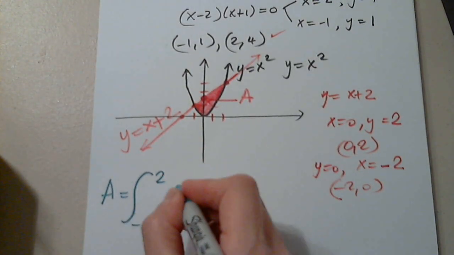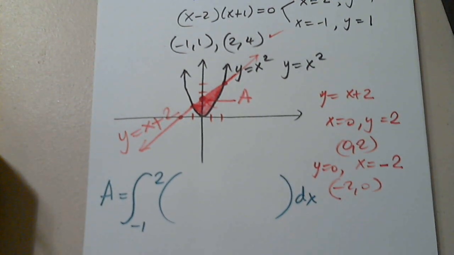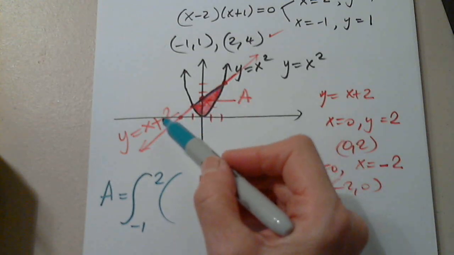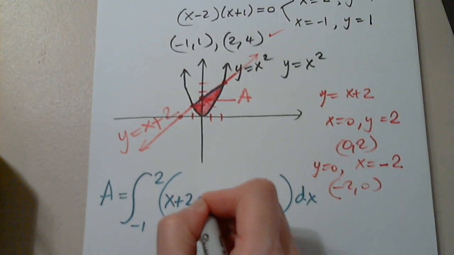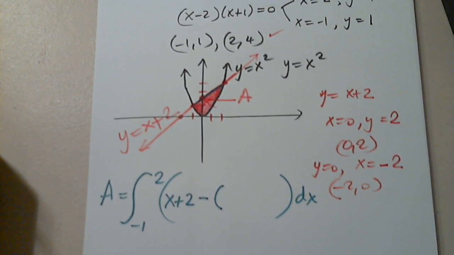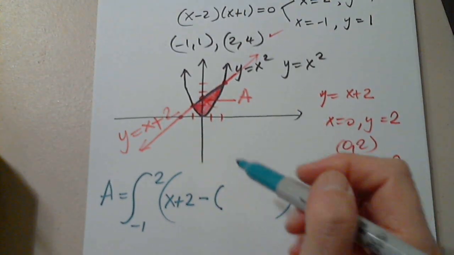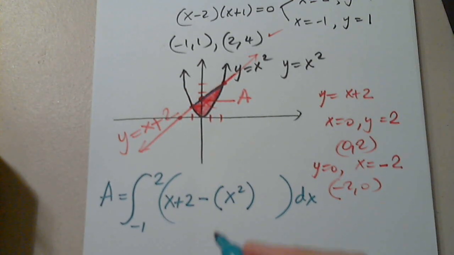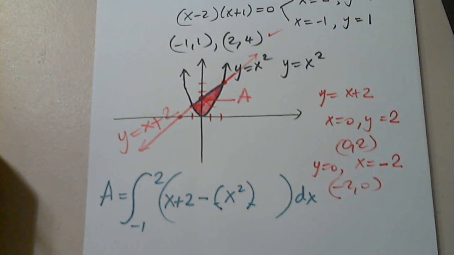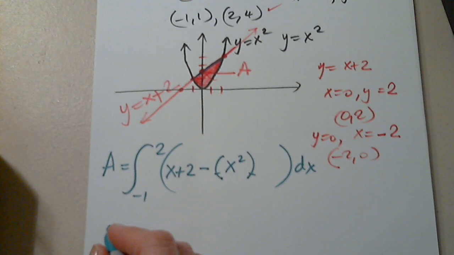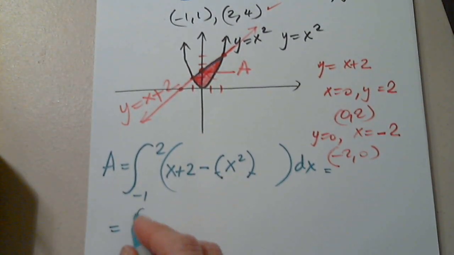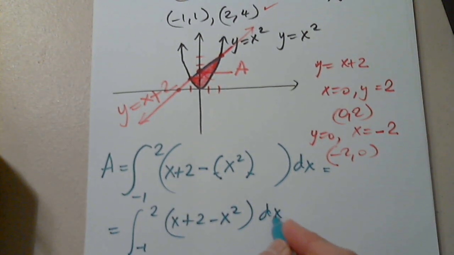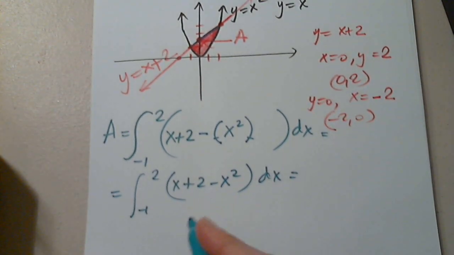Excellent. -1 to 2 from above, very good, minus, put parentheses so we don't make an error, if we have more than one term, minus x squared. That's it. Of course, in this case it's one term. I really didn't need parentheses. Awesome. So then this equals the integral from -1 to 2 of x plus 2 minus x squared dx.